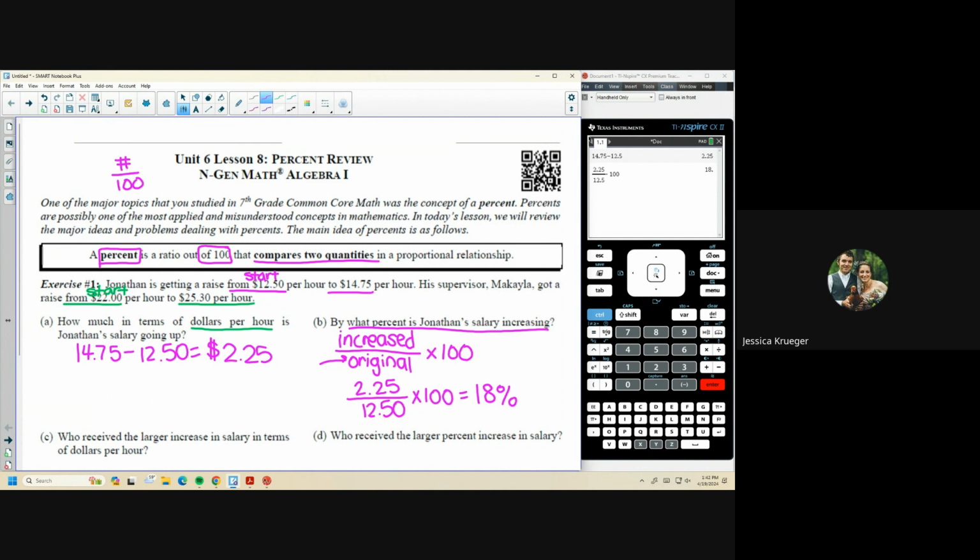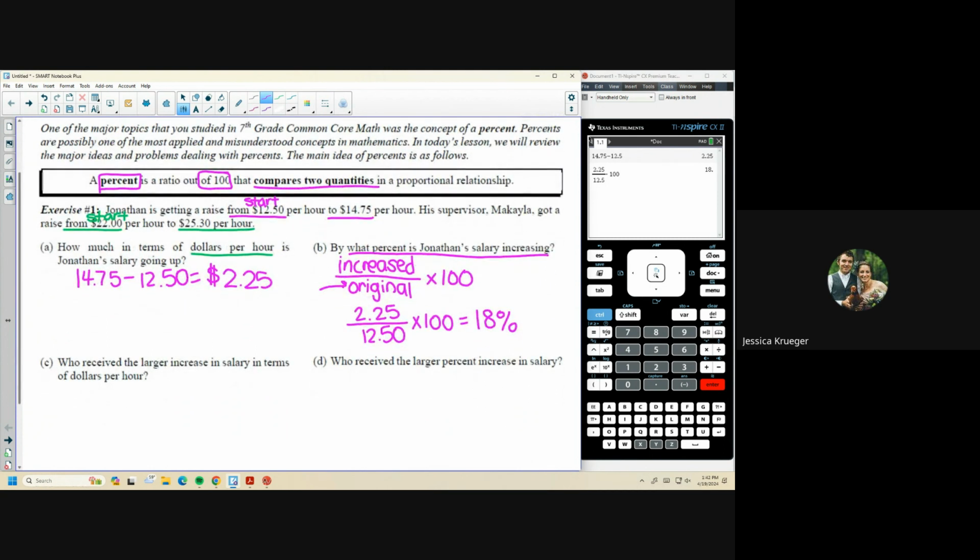Now let's look at Michaela. Who received a larger increase of salary in terms of dollars per hour? So we now need to look at Michaela. Michaela was at $25.30. That was her new raise. She started at 22. So her salary increased by $3.50.